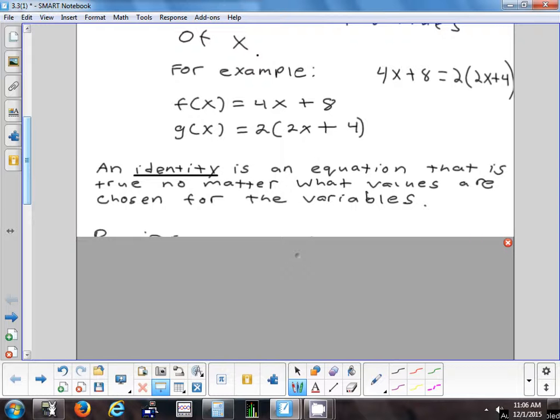Well, in this case you wouldn't, because what's on the left and what's on the right is exactly the same thing. That's called an identity. You can pick any value you want for x and it will always work. Any questions on what an identity is? It's an equation that's true for any value that you want.